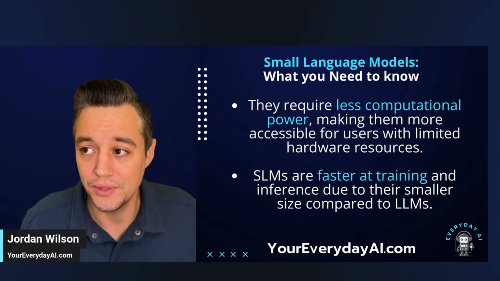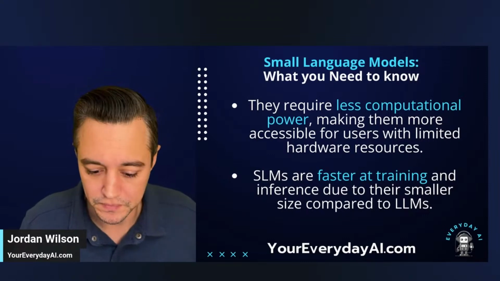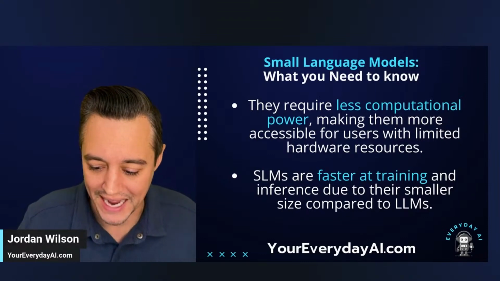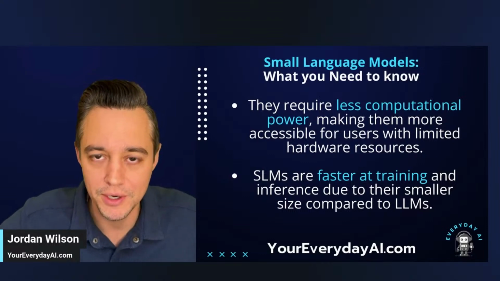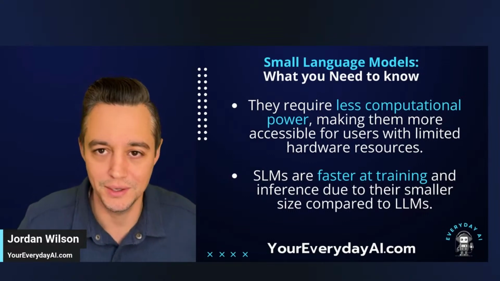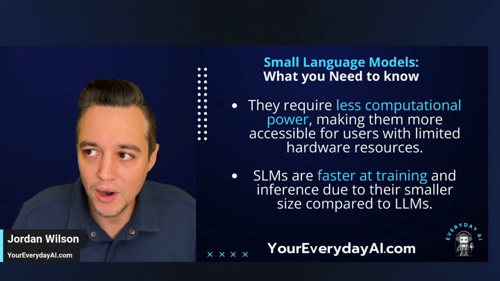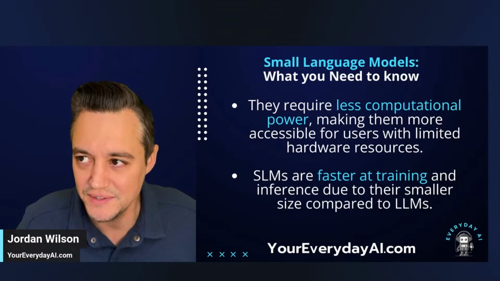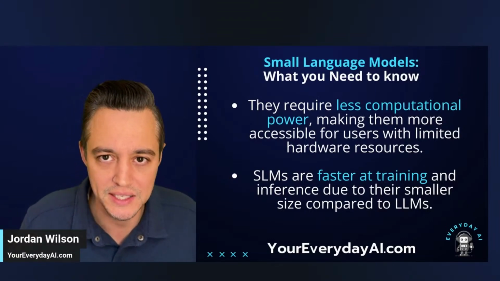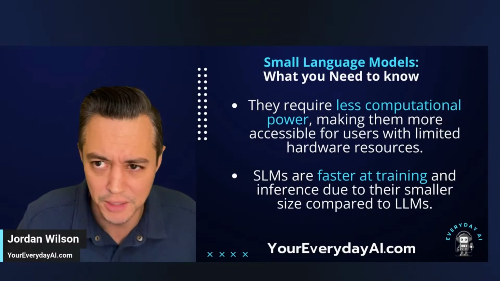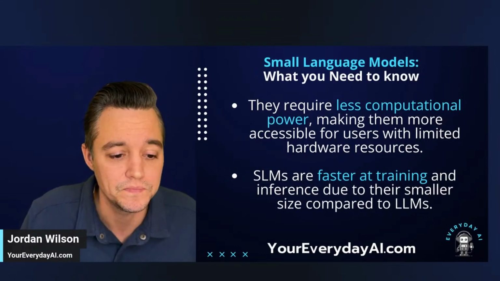So think of it like this. What's technically faster? If you had to read through a 500-page book to learn about the history of everything, or a 5-page book that gives you the history of things that maybe you care about. It's kind of like that, right? Small language models are faster, but obviously way less robust.